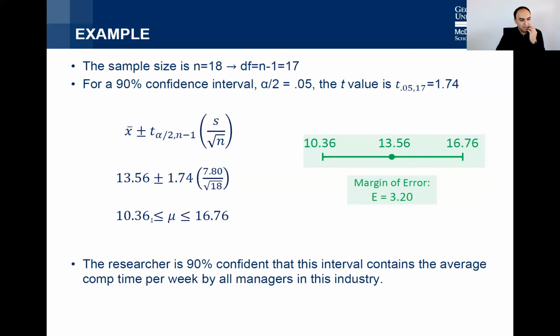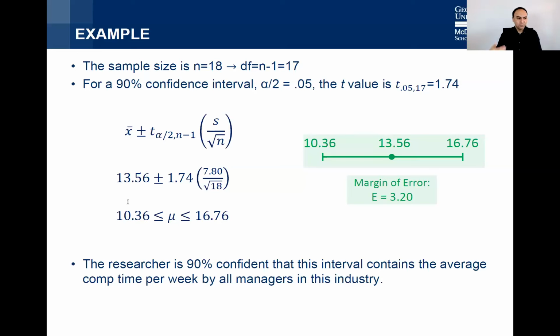This is the confidence interval. So we can say the researcher is 90% confident that this interval contains the average comp time per week by all managers. In other words, the average comp time per week by all managers is between 10.36 and 16.76.